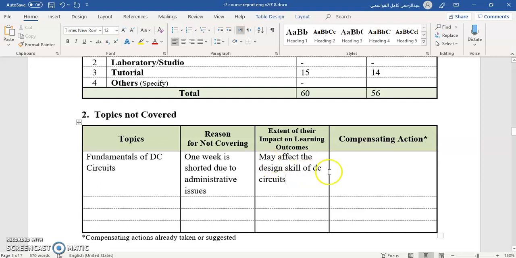Okay. Now, what is the compensating action that should be taken or suggested? You have to give a solution.